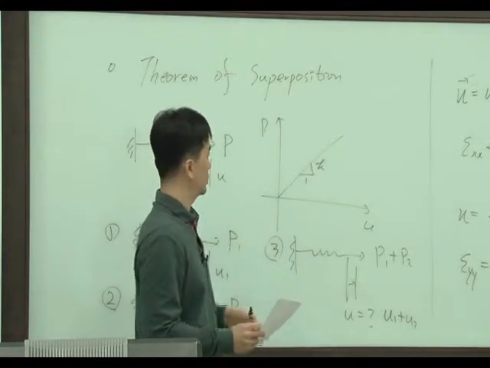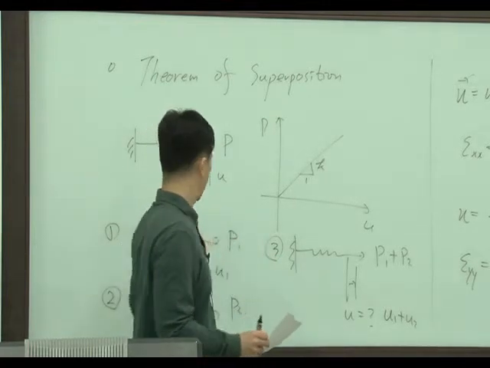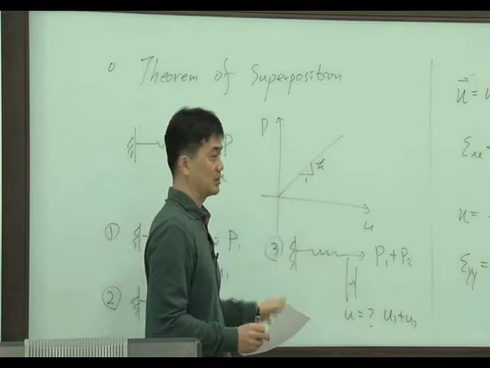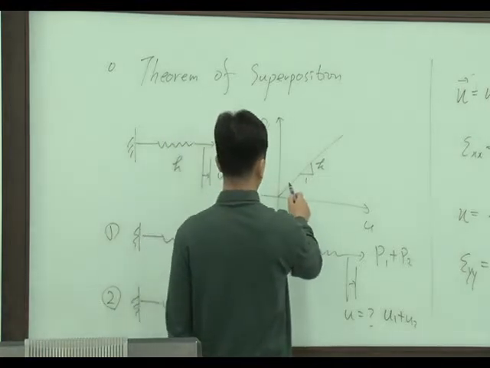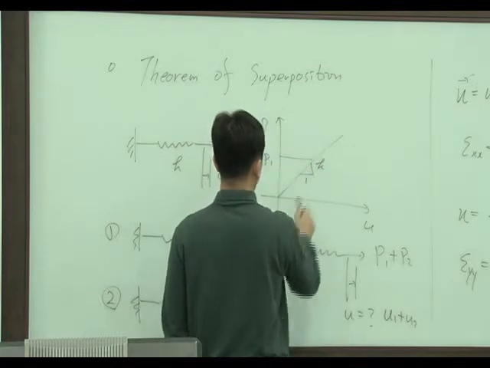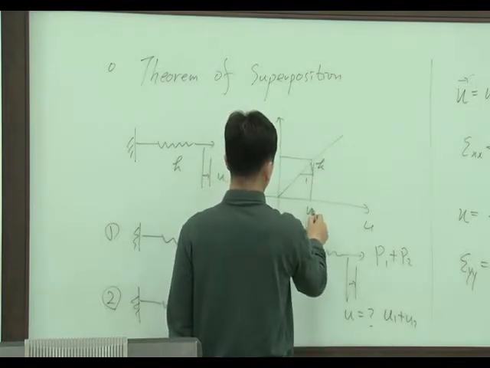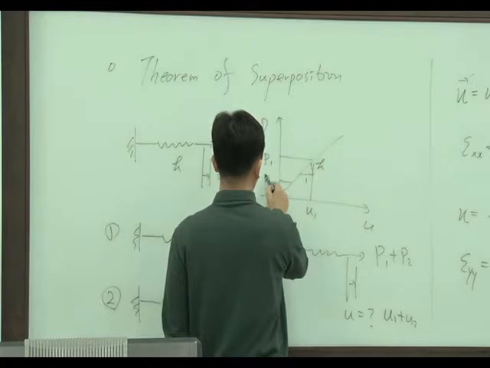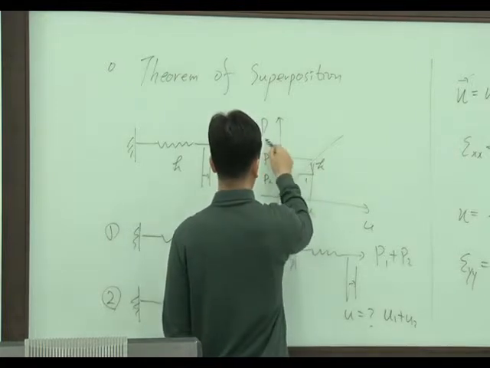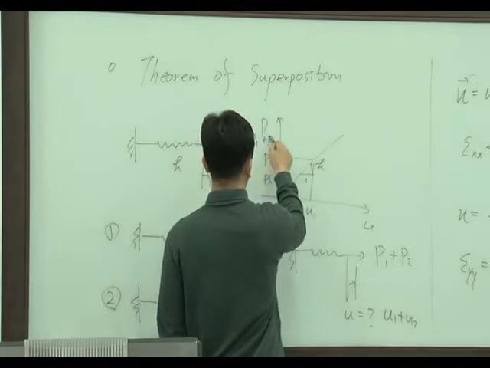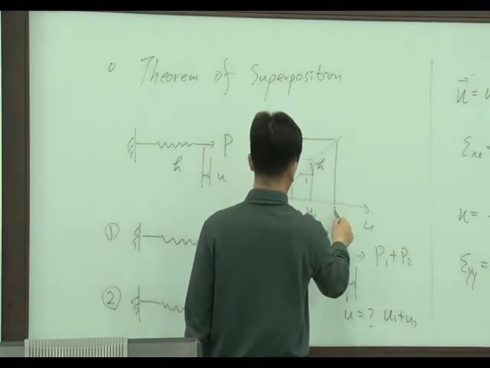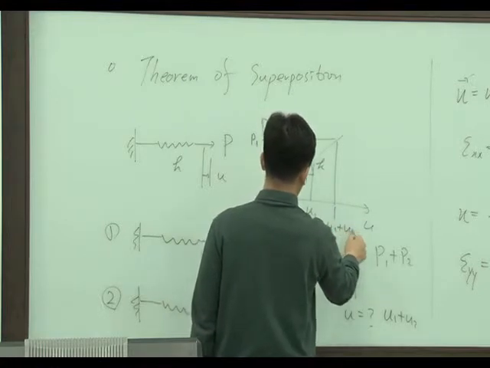analysis. Okay, actually, linear has a meaning of this. So first case, we apply the P1 here, and this is U1. And P2 here, this is U2. If we apply the P1 plus P2 here, this will be U1 plus U2.